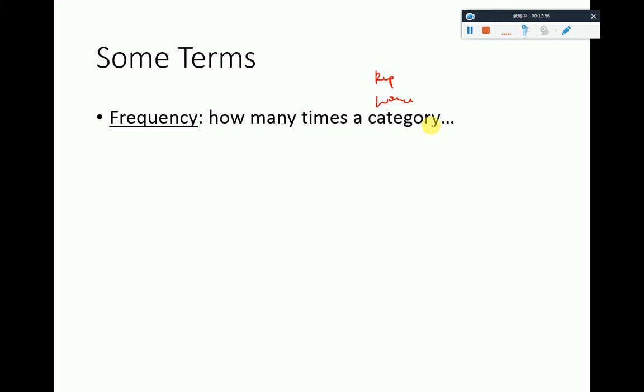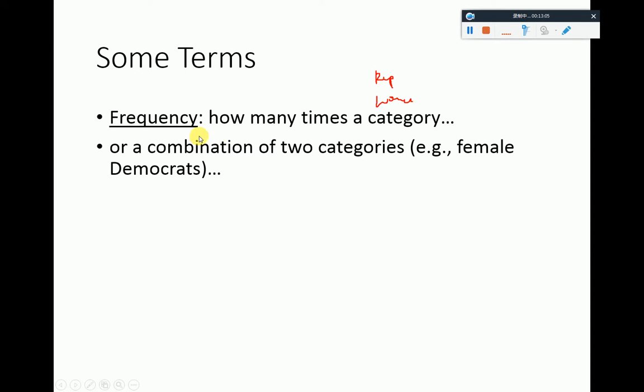Frequency here could also mean how many times a combination of two categories, like female Democrats or male Republicans, is observed.